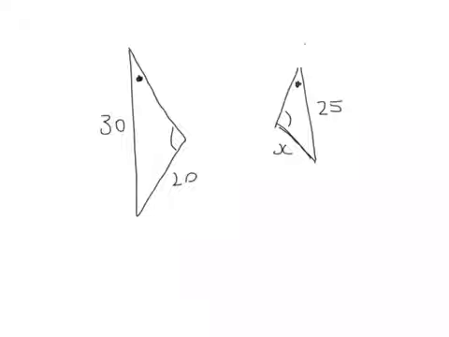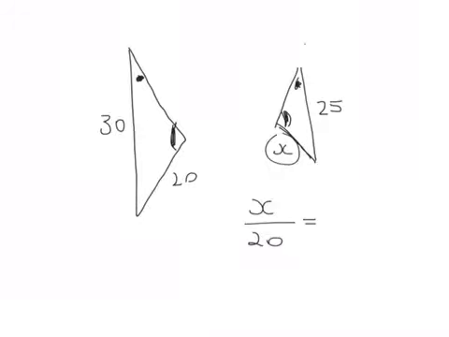With these two triangles, if these two triangles are similar, which they are because they've got these two matching angles, that one and this angle matches that one, which then obviously means the third one matches, so we know they're similar. Because they're similar, we can find out the value of x. We put x over the side that matches the x in the other triangle, which happens to be 20.